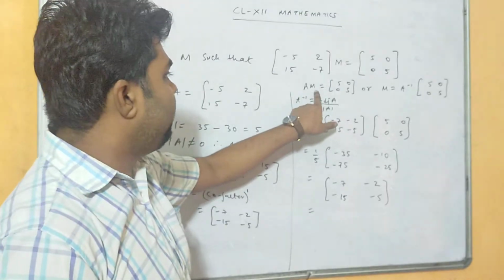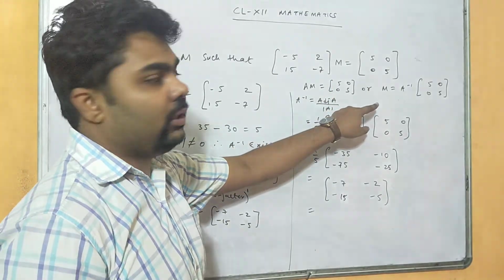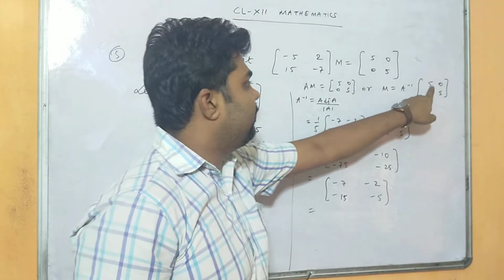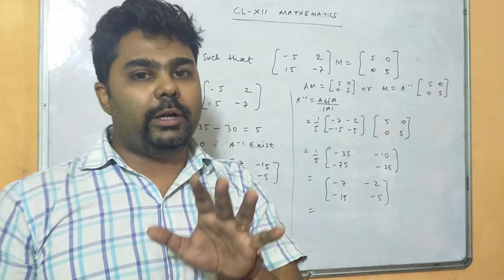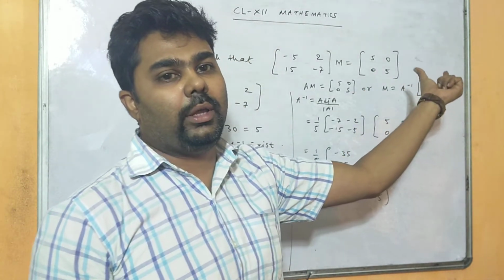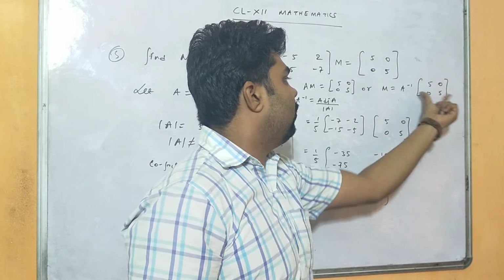Or M equals A inverse, because when A goes to the other side it becomes 1 by A, and 1 by A can be written as A inverse. So M equals A inverse times [5 0; 0 5]. In order to find the value of M, we have to find A inverse. Then whatever answer we get for A inverse, we will multiply with [5 0; 0 5], right?